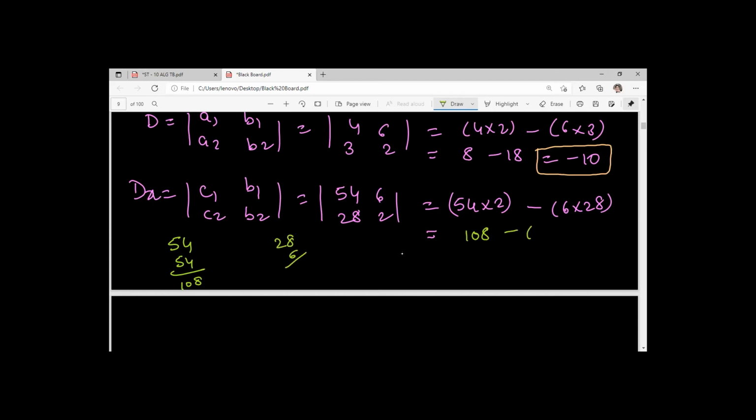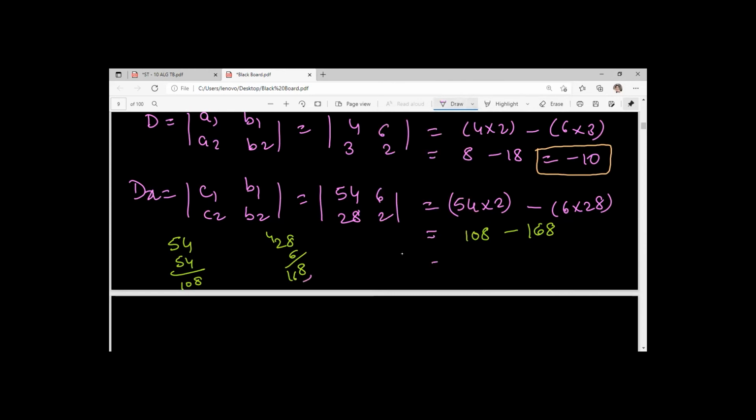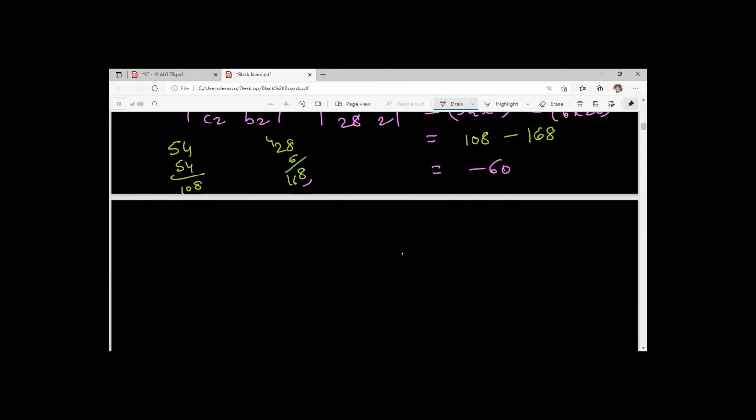So 6 8s are 48, 4 carry over, 2 6s are 12, 12 and 4 is 16, so the answer is 168. So 168 minus 168. I hope I am very clear students. So next, if you subtract this, you will get -60. Let's go ahead, once you get minus, what do you get? -60, that is Dx.